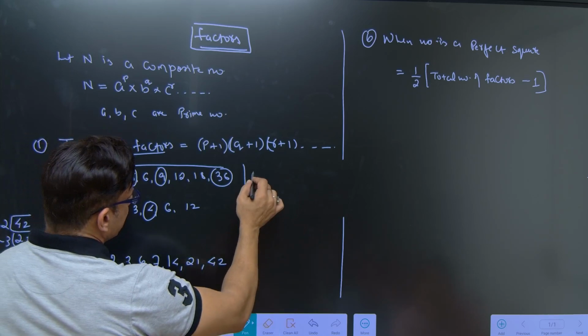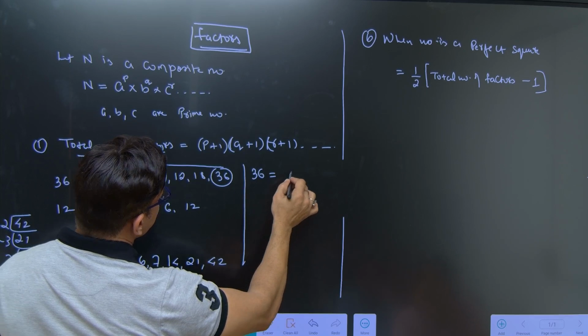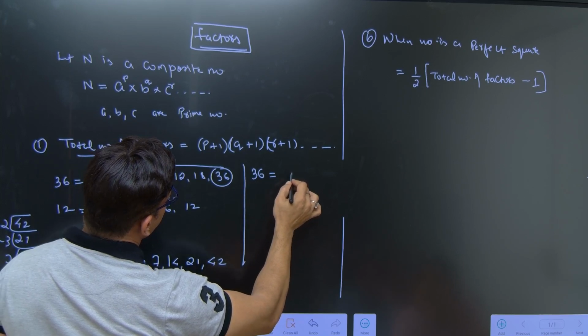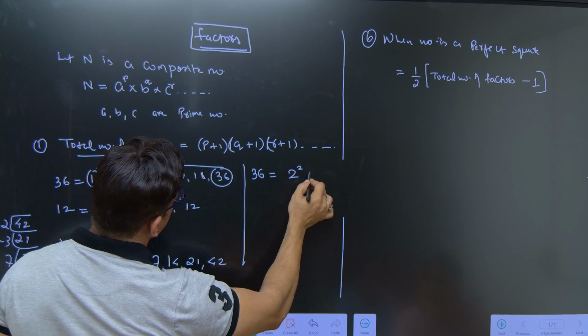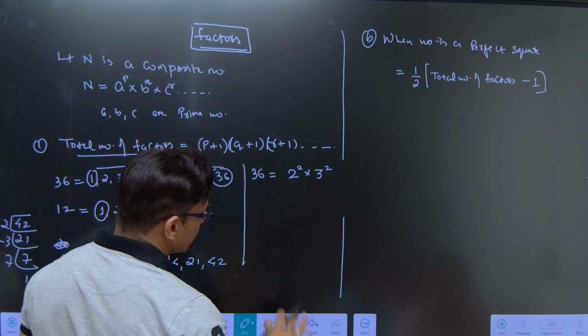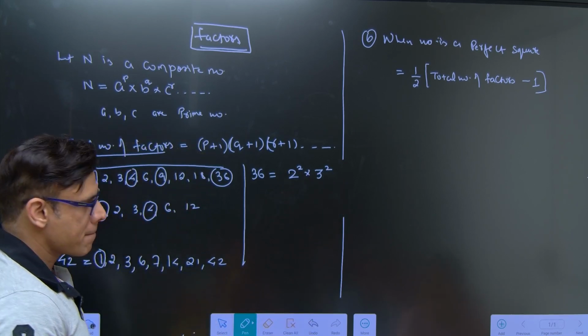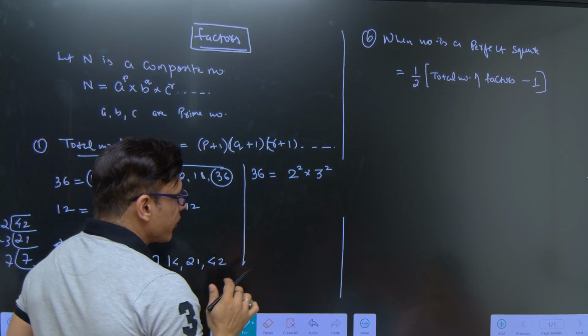What is the prime factorization of 36? 2 square into 3 square. At what power do you get a perfect square?